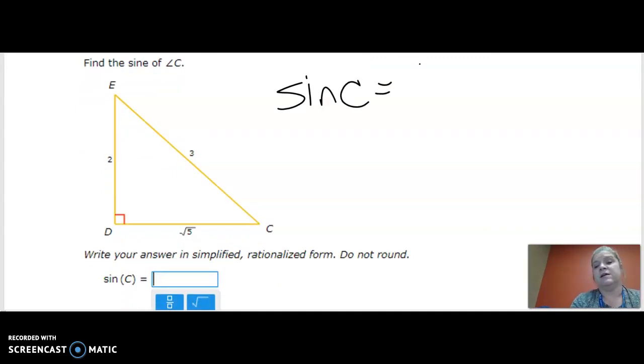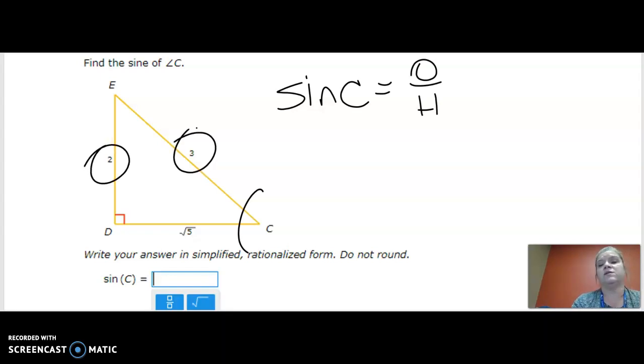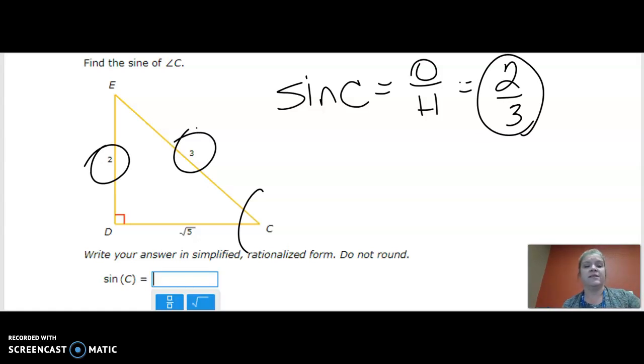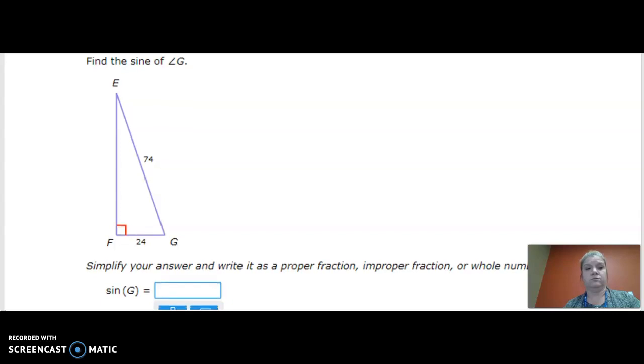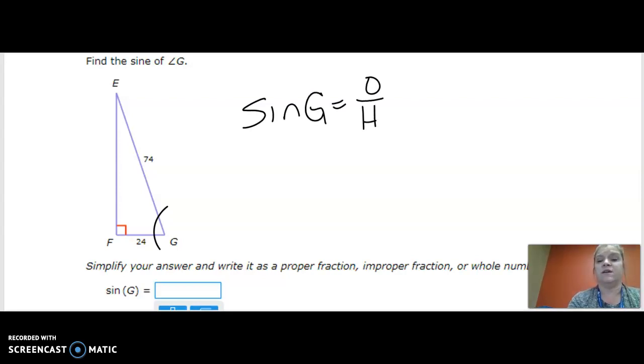Sine C. Sine is opposite over hypotenuse. Here is C. Here is opposite. Here is hypotenuse. So 2 over 3 does not reduce. That is your answer. G. Sine G, you're going to find your opposite, and you're going to find your hypotenuse and put them over each other and reduce.